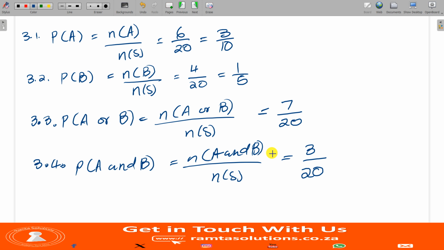This is how we treat unions and intersections. Remember, the key word is that a union contains elements that are in at least one of the two sets. An intersection contains elements that are in both sets. Remember, they must be in both sets.